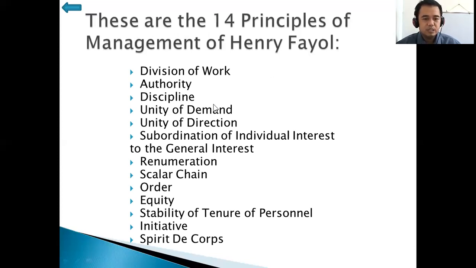And then, of course, unity of command. These are the activities. They should be well organized. And then unity of direction from the top to bottom. The direction will be initiated by the top management and it will be followed.